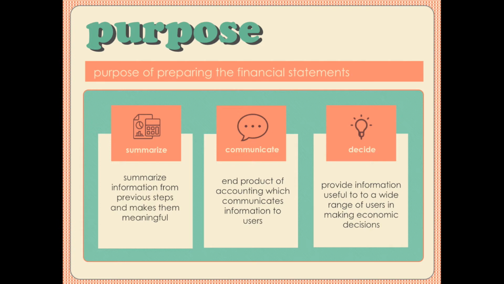First, we do this to summarize the information we've collected from the previous steps and make them more useful for decision making. Second, since accounting is the language of business, by creating these reports, we are actually communicating this information to the users. Third, such information can be used by the users, which we discussed in part 1, for making decisions depending on their needs.